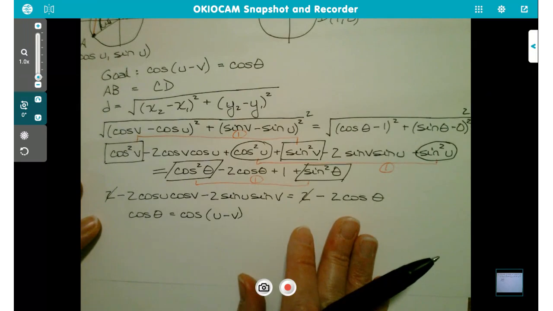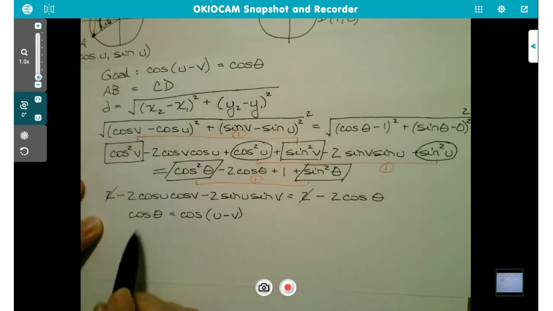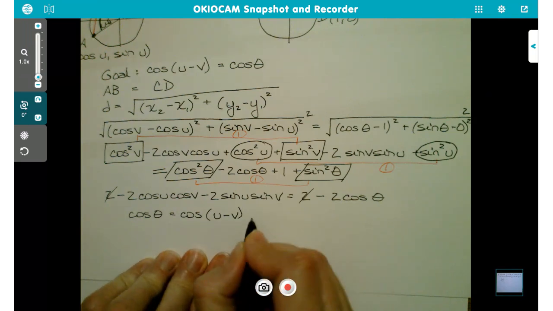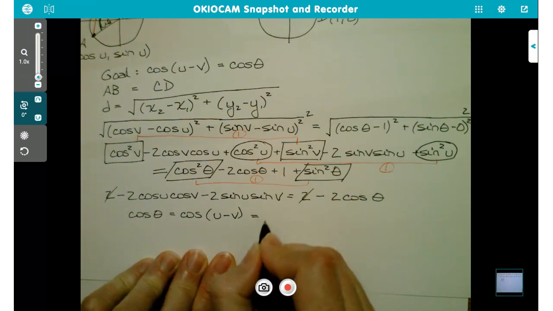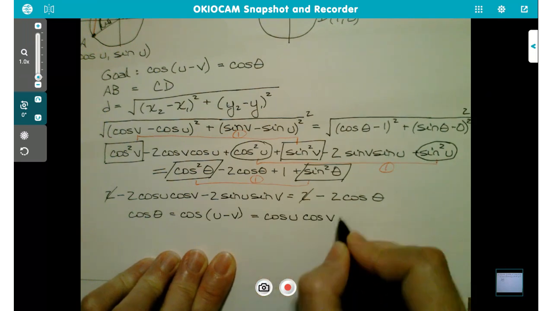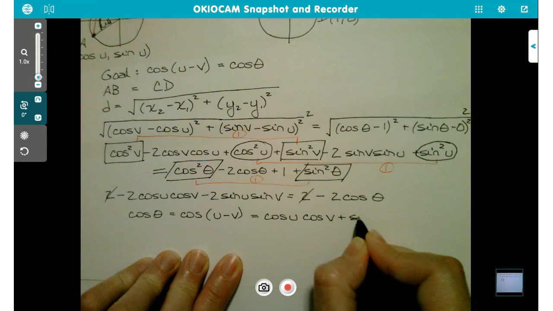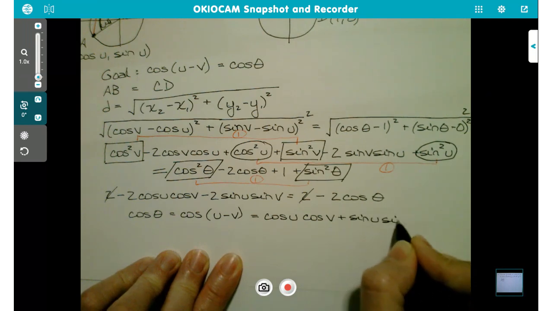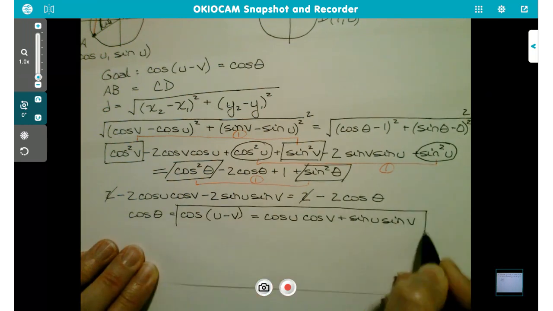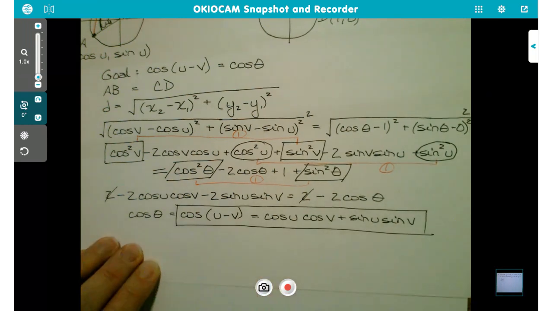We were looking for an expression for cosine of u minus v. Here it comes. It's what's on the other side after I divide by -2. Cosine u, cosine v, plus sine u, sine v. And that's our identity for cosine of a difference.